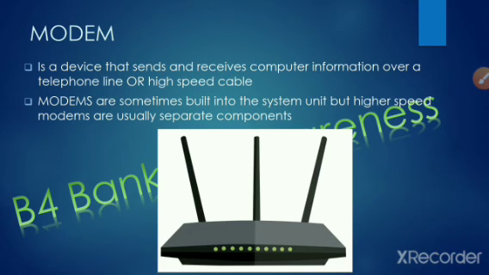The next one is the modem. It is a device that sends and receives computer information over a telephone line or high-speed cable. Modems are sometimes built into the system unit, but higher speed modems are usually separate components. Here you can see in the internet cafe, the modems are usually separate components.